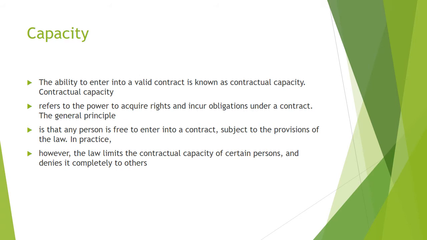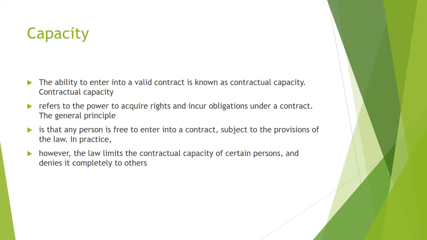Which is capacity, right? So let us look at the first one. The ability to enter into a contract is known as contractual capacity. It refers to the power to acquire rights and to incur obligations under a contract.